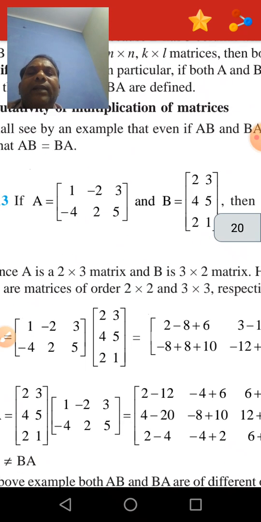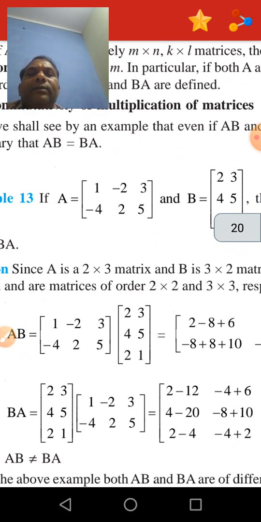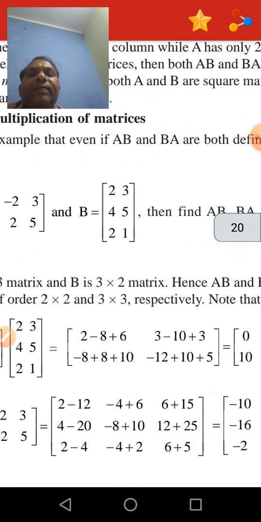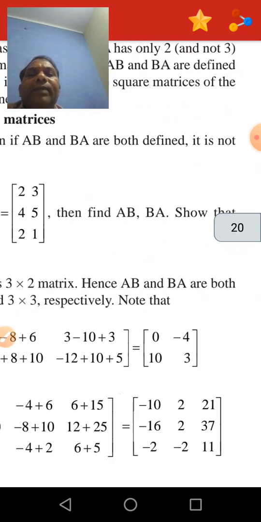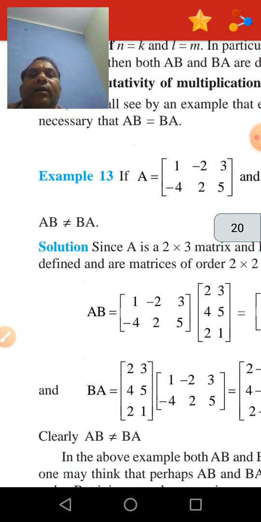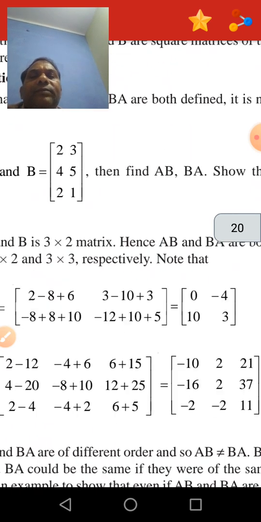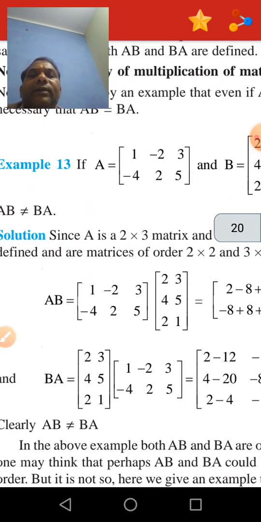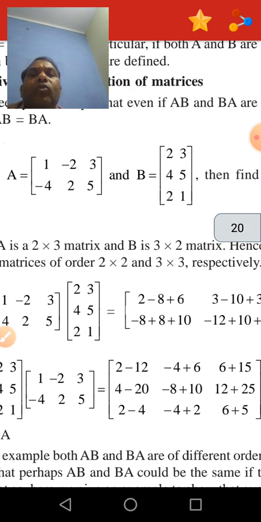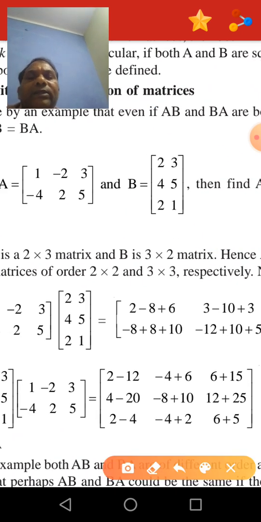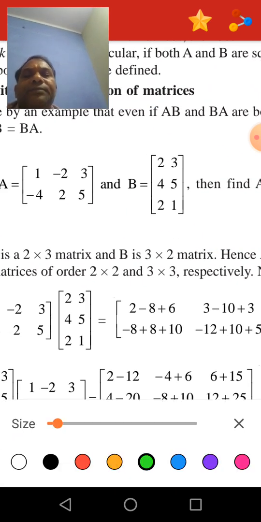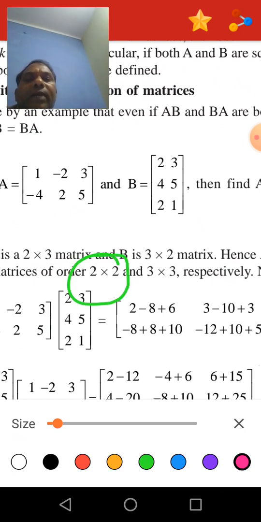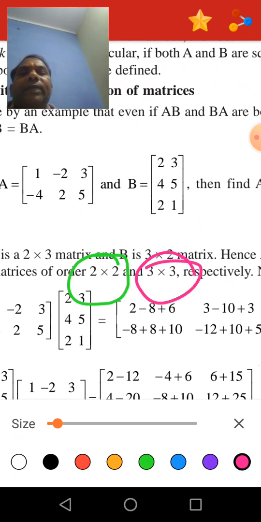So here A is a 2 by 3 matrix and B is a 3 by 2 matrix. Since AB and BA are both defined and are matrices of order 2 by 2 and 3 by 3, the order of matrix AB will be 2 by 2 and the order of matrix BA will be 3 by 3.